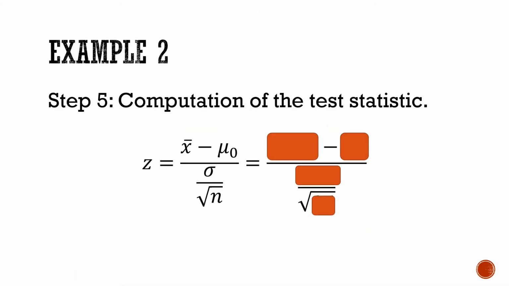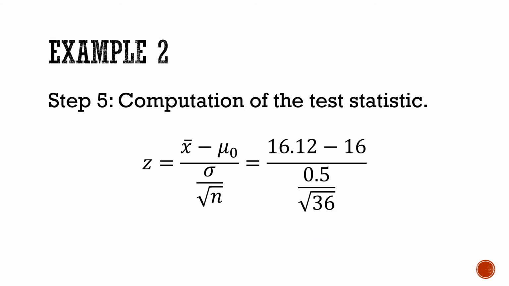So let us compute the test statistic. Again, what is the sample mean? If I'm not mistaken, that is 16.12 minus the hypothesized mean, which is 16, all over 0.5, the population standard deviation, divided by the square root of the sample size, which is 36.